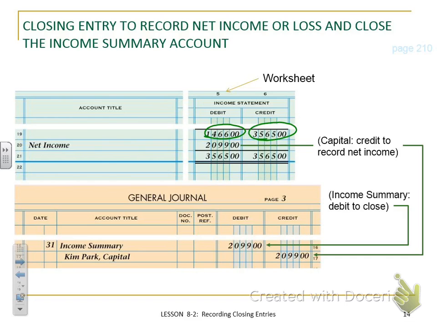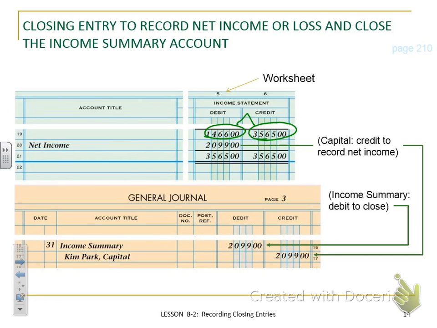And it makes sense. Why does it make sense? How do we increase our capital account, with a debit or credit? Credit. The normal side balance for our capital account is a credit, right? So right now, looking at these two accounts up here, what do we have? We have a credit balance. $3,565 is greater than $1,466 by $2,099.